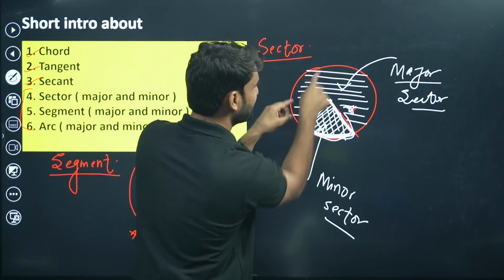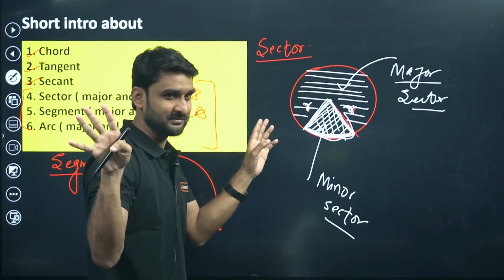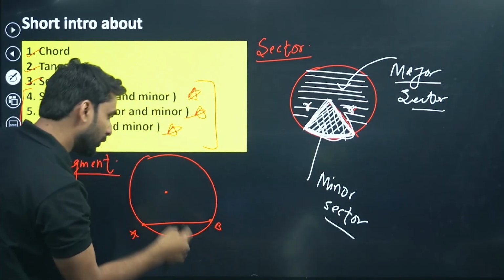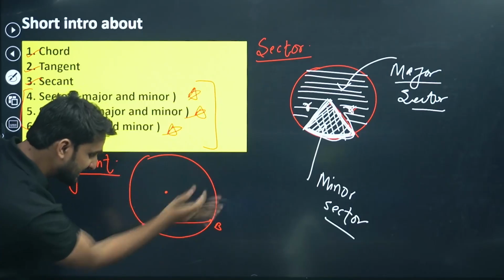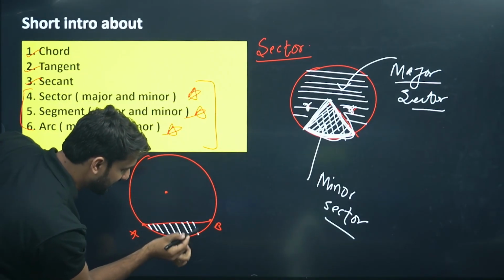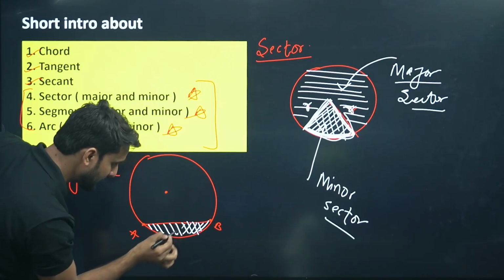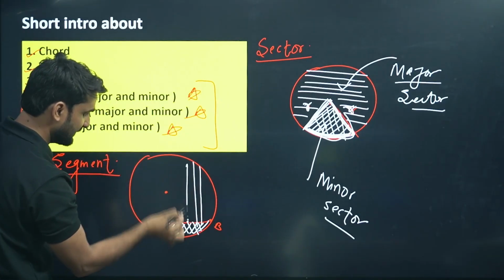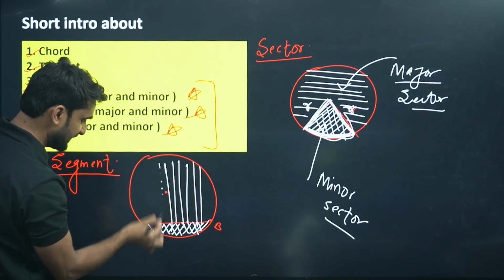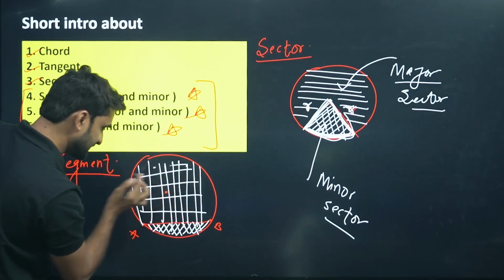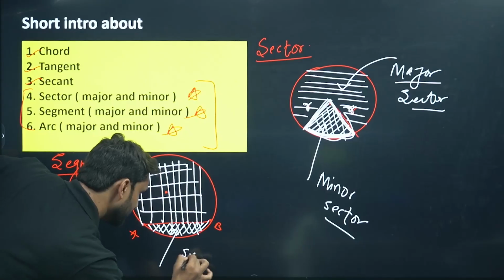On drawing two radii, the two parts are called sectors. But on drawing a chord, one part is here and the other part is here. So this is called a segment, right?